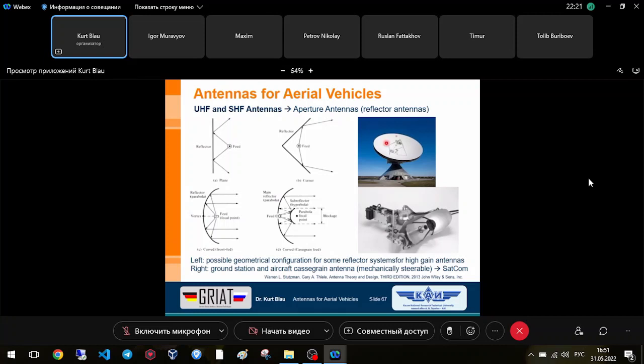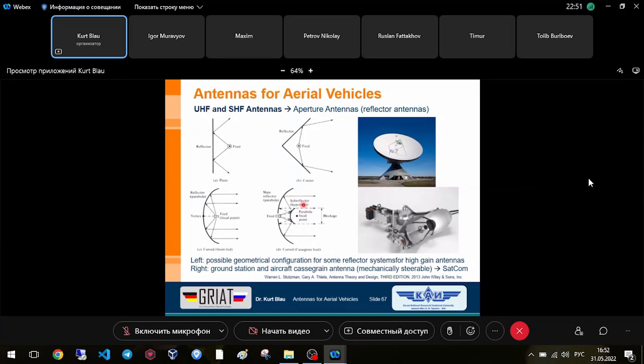It has a diameter of more than 10 meters, maybe 20 meters or so, and receives also different frequencies. And here in this part, you can see such an antenna with a special dish which is cut. It's not completely symmetrical, for a search radar system. It's mechanically steerable, this system. You can see this here on these mechanical parts.